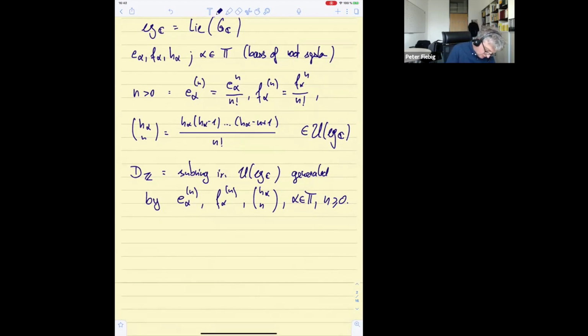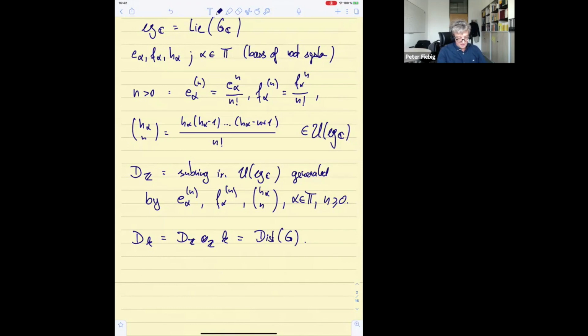And now for our field K, you obtain D_K by base change. And this is the distribution algebra. So it is very similar to the enveloping algebra, but it contains these divided powers.